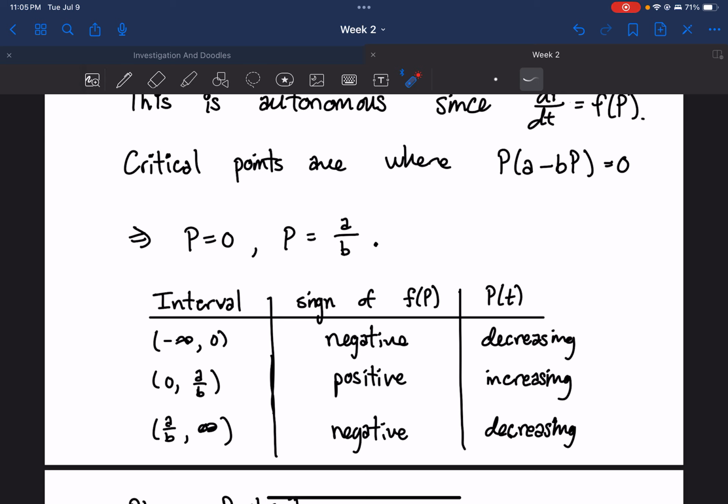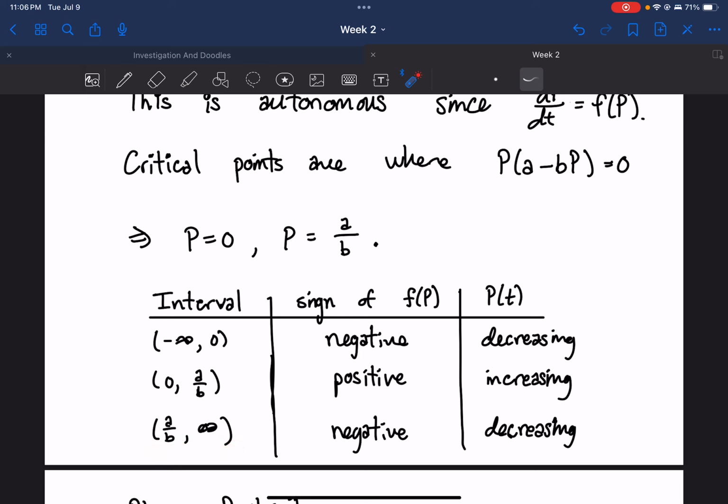So we can break up the interval, negative infinity to infinity, by first making a break at p equals 0. And then you go from 0 to a over b, and then you go from a over b to positive infinity. So we take the interval from negative infinity to 0, then from 0 to a over b, and then from a over b to infinity.